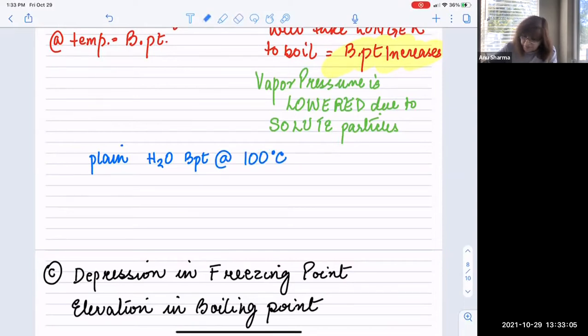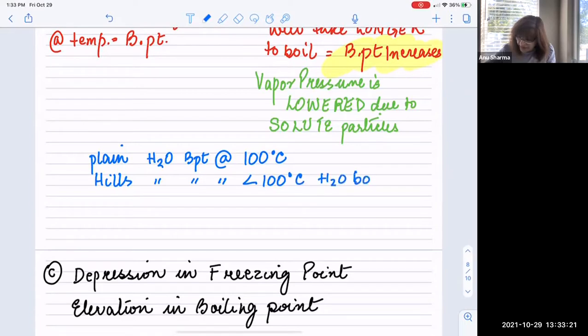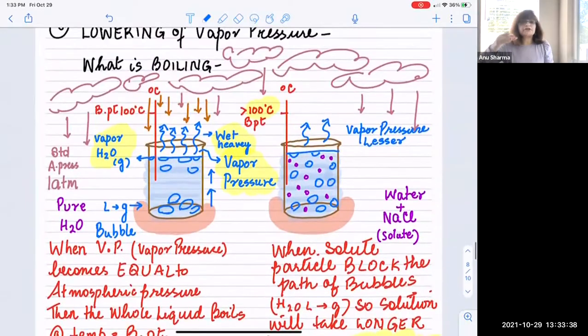But as you move higher up, on the hills, the water's boiling point is less than 100 degrees Celsius, meaning water boils faster on the hills, because of lesser atmospheric pressure.